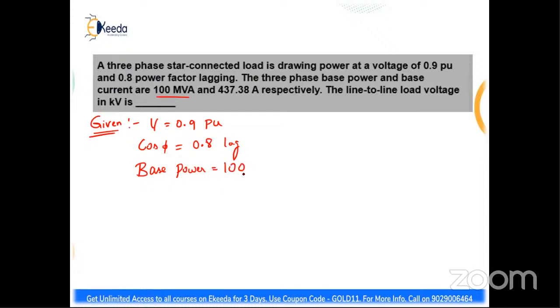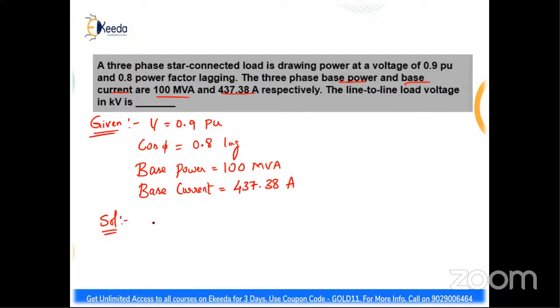The base current is 437.38 amps. So these are the given. We have to find out the line to line load voltage in kV, right?